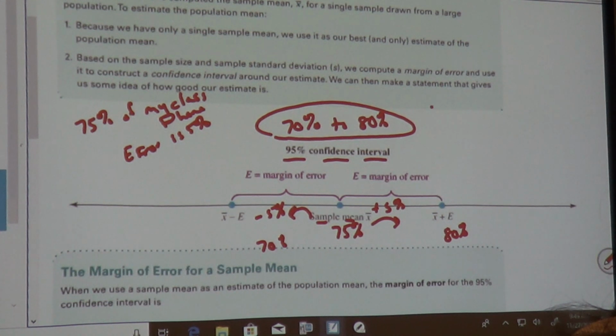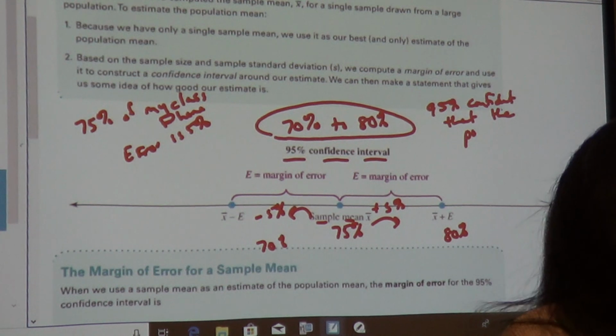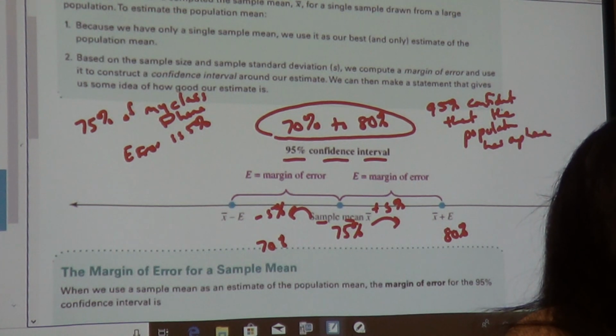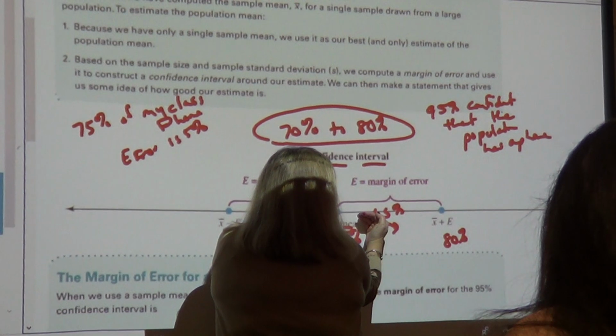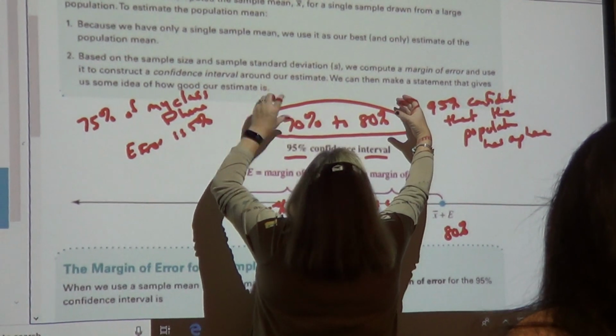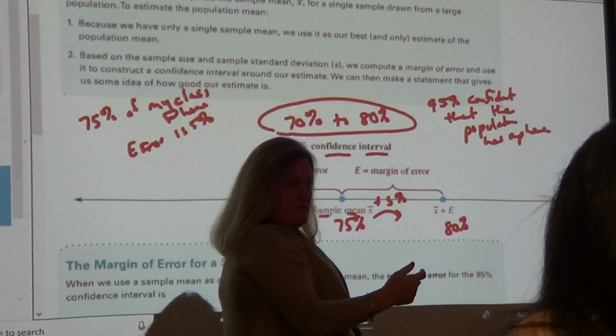And I would say that I am 95% confident that the population has a phone. So, if 75% of this class has a phone, with the 5% margin of error, then I would be confident that 70 to 80% of the school has a cell phone.